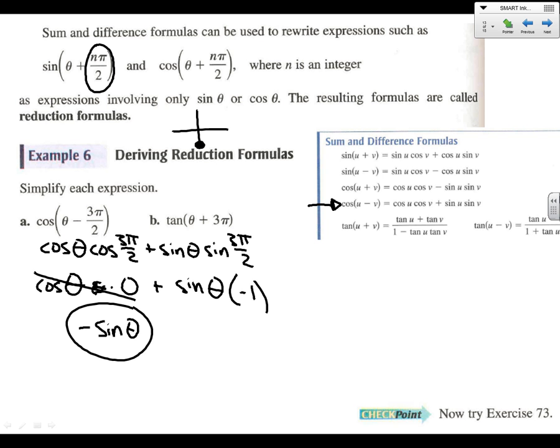And we'll do b. All right, so first time we've used a tangent function here. So this is our u and this is our v. So we're going to have to use this formula. So we've got tangent u plus tangent v all over 1 minus, and then we multiply them together.